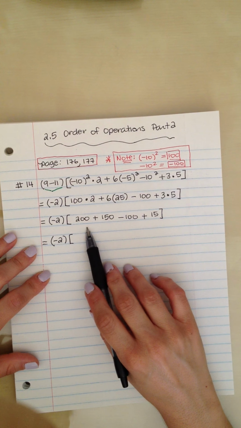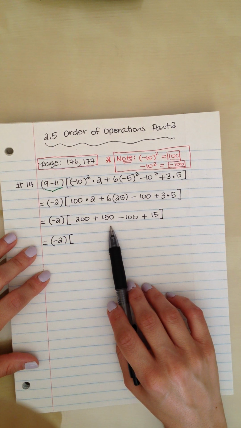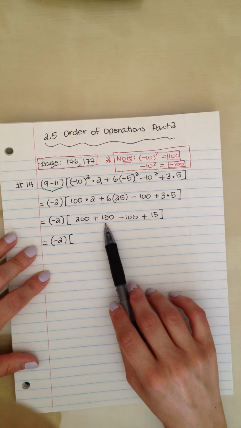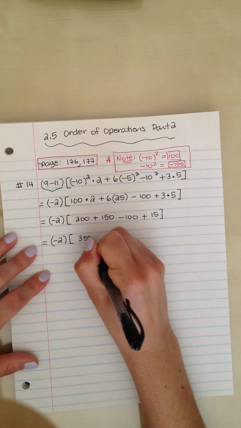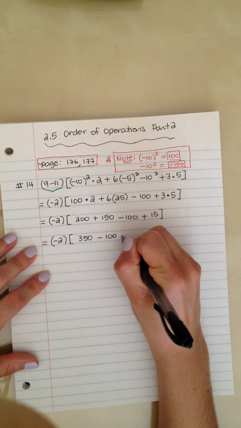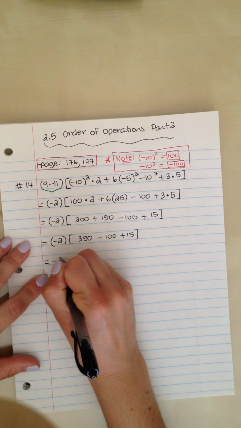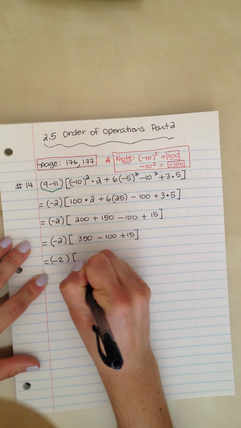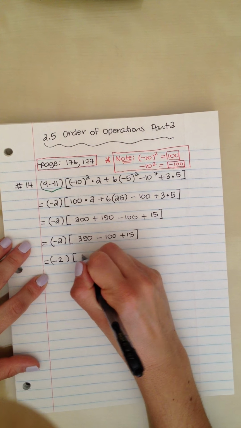Inside our brackets, we need to add and subtract left to right. So we have 200 plus 150, that gives us 350. Minus 100 plus 15. Keep going. 350 minus 100, that gives us 250 plus 15.